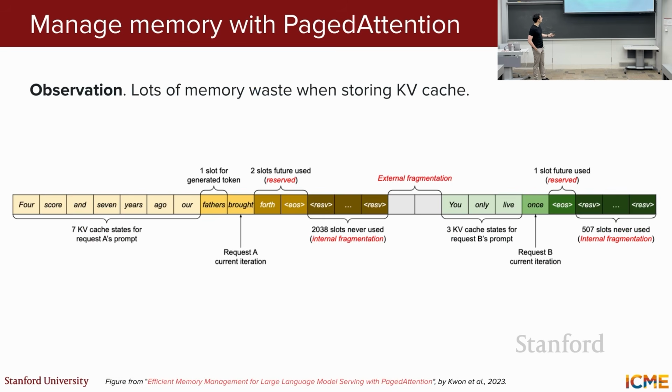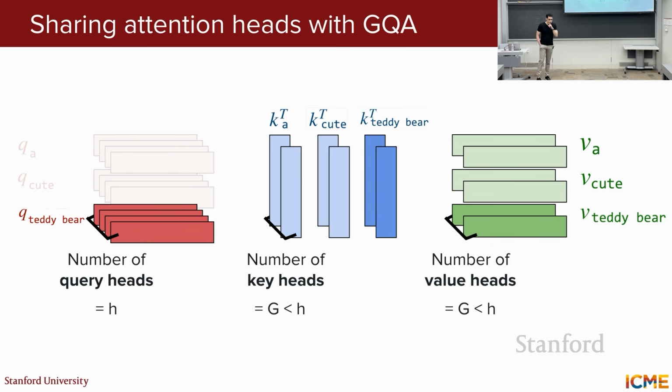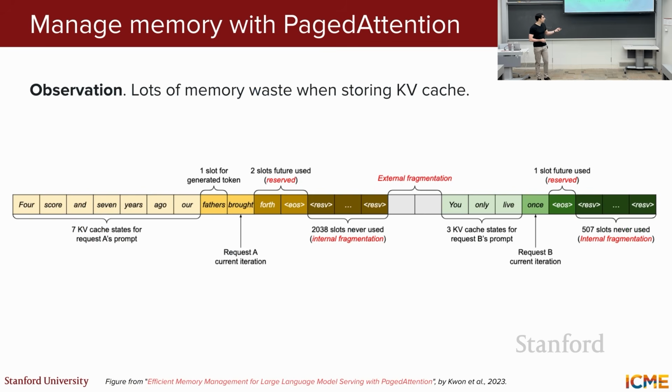Okay, great. And now I'm going to go a little bit into the hardware side of things. If we were to store the cache for all these values in a naive way at inference time, let's say I'm an inference server, I receive queries from multiple users, and let's say I receive a query 1 and a query 2.